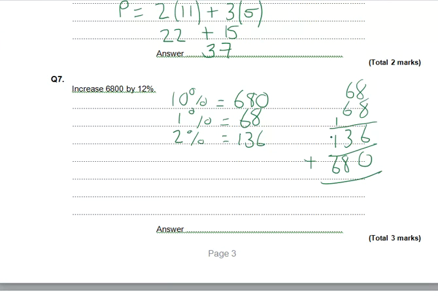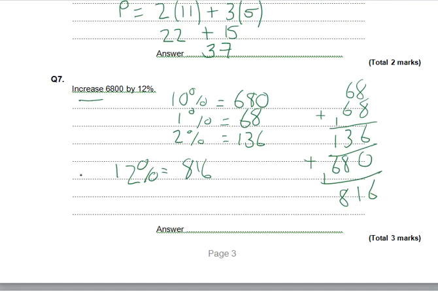I'm going to add these ones. So we end up getting 6, 8, 9, 10, 11, carry 1, 6, 7, 8. So we get 816, which means that 12% is equal to 816.